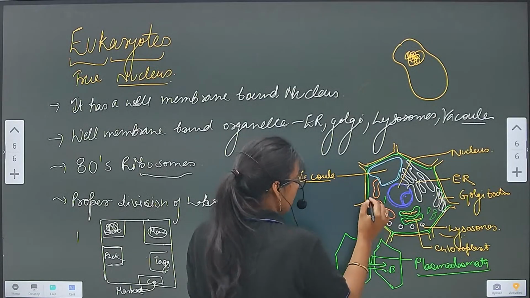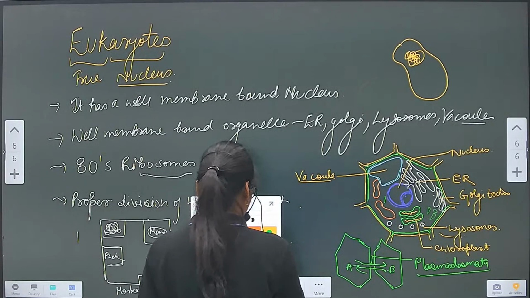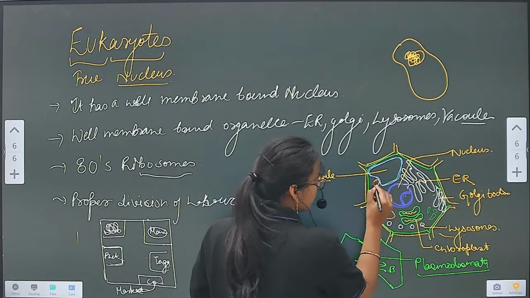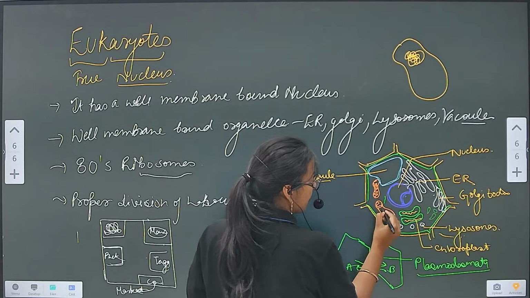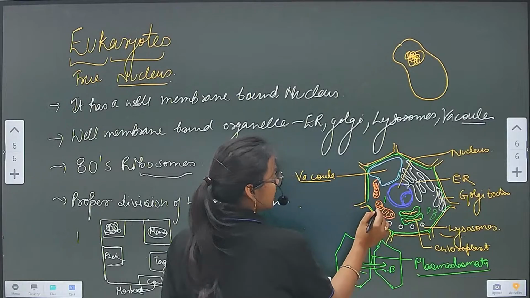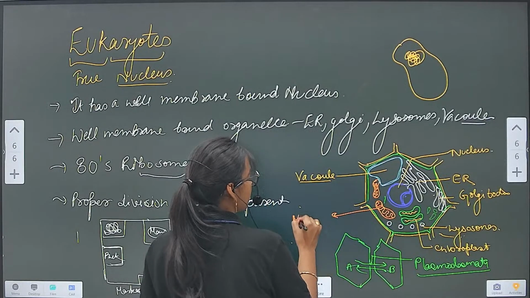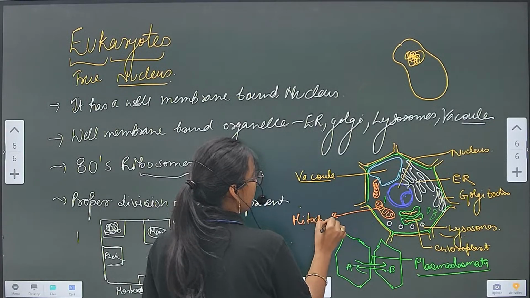Then this is what? The mitochondria. Let us draw it more precisely. This is mitochondria. Very sausage-shaped structure is mitochondria.